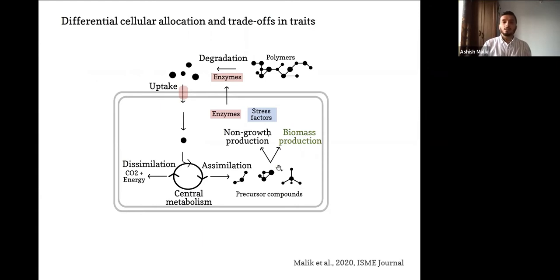So we hypothesize that there is going to be a trade-off at this stage, where the microbe really makes a choice where to put their resources. And like I said, in various environments where there is more stress or limited resources, there will be a trade-off against growth, and therefore the growth yield will be lower, which then has consequences for ecosystem level processes such as decomposition or soil carbon accumulation.